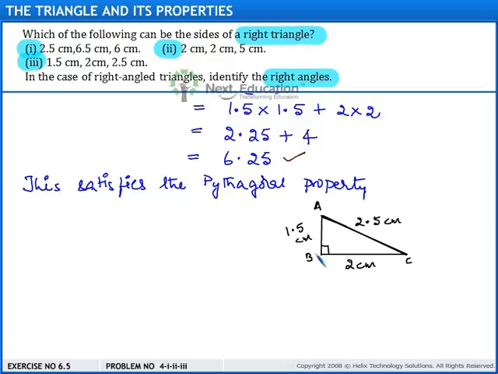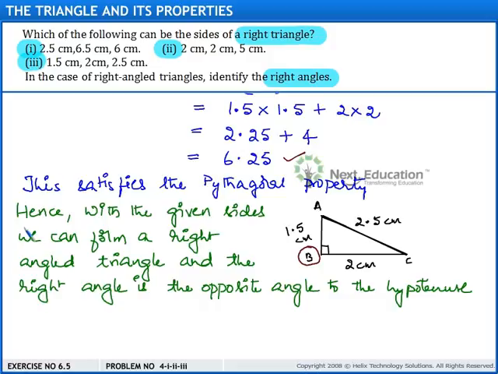Therefore, the right angle is located at the opposite angle to the hypotenuse. Hence, with the given sides, we can form a right angle triangle, and the right angle is the opposite angle to the hypotenuse. So this is the end of the solution.